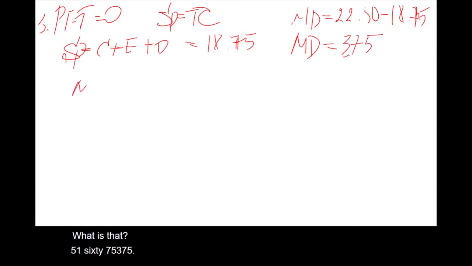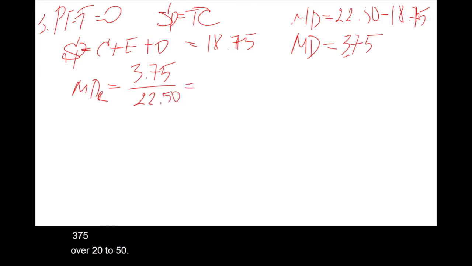Right? And markdown rate would be 375 over 2250. So you did right. 0.16 period, or this 16 2/3%. Okay.